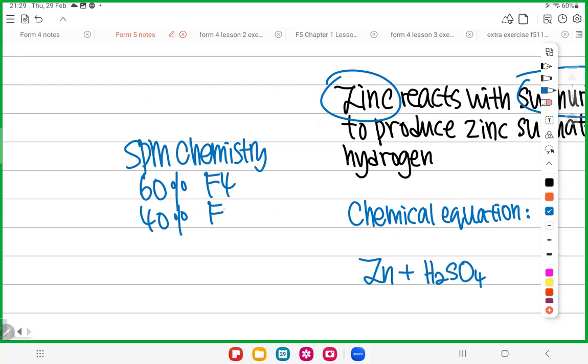Chemistry, other subjects I don't know. So your Form 4 must be there. You need to really, really master your Form 4, because I realized that a lot of students are okay with Form 5, but they forgot their Form 4 already. So you need to always revise. Don't only revise your Form 4 a few days before your exam, because majority of you will do that.